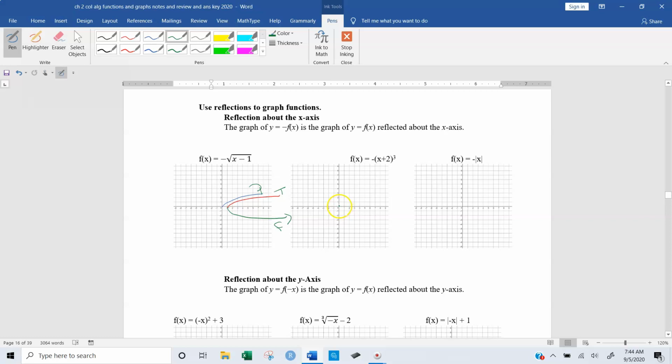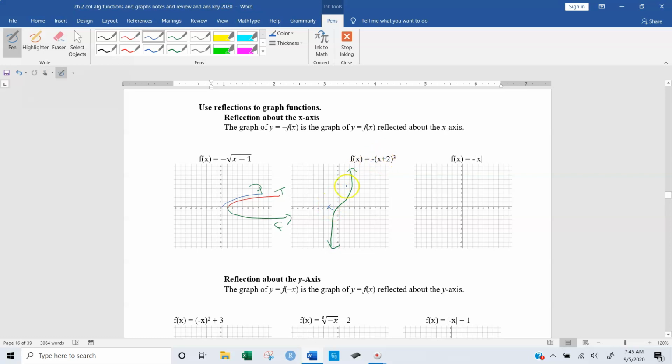Okay, you should have first drawn your cube graph, which was this one. All right, the +2 meant the entire graph moves left 2 and flips. So we can do that in one step. We can go left 2. So we're going to go over here. We're going to put the center of our graph here.